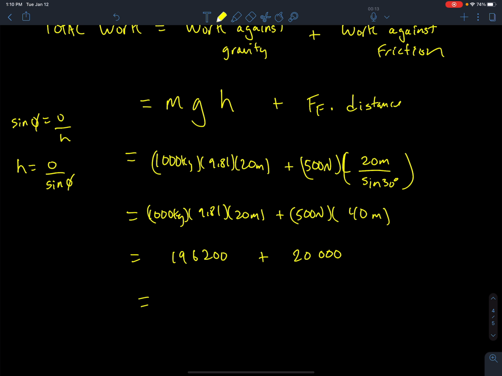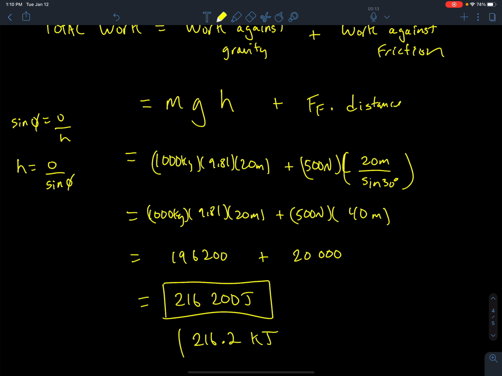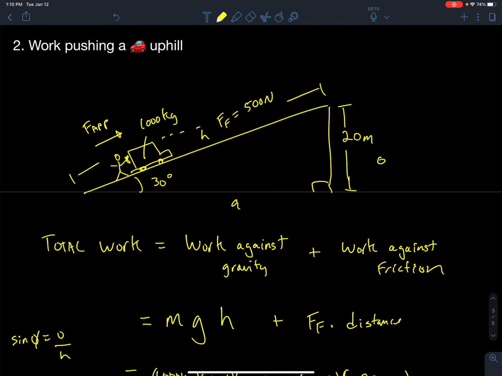If you add that together, that gives you 216,200 joules. That's a lot. It's a lot of work. 216.2 kilojoules to lift that object up that certain ramp, that height.